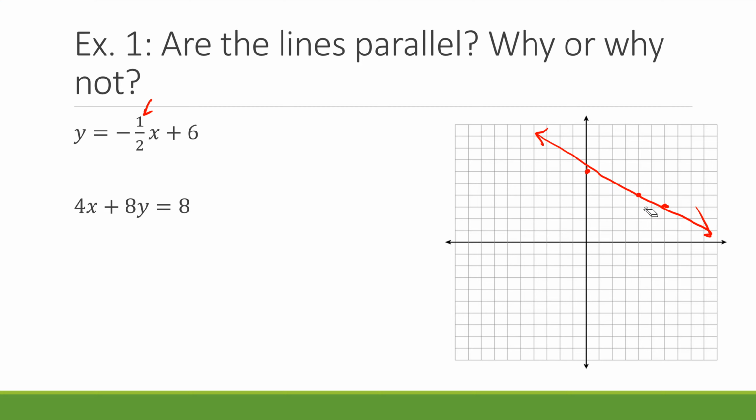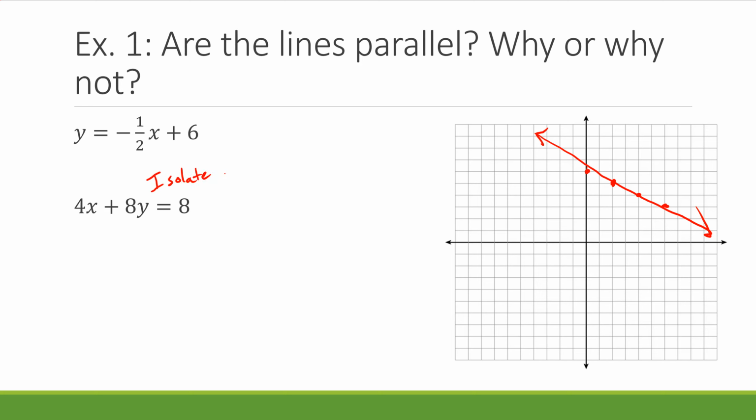Now, I need to decide, is this line parallel to this line? And I could graph it maybe using the intercepts method, but there's an easier way, perhaps. Let's look at the slope-intercept form of this equation first. So remember, to convert this to slope-intercept form, I need to isolate y.